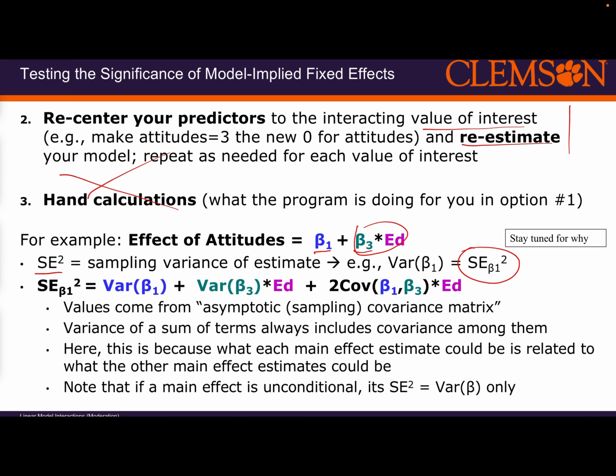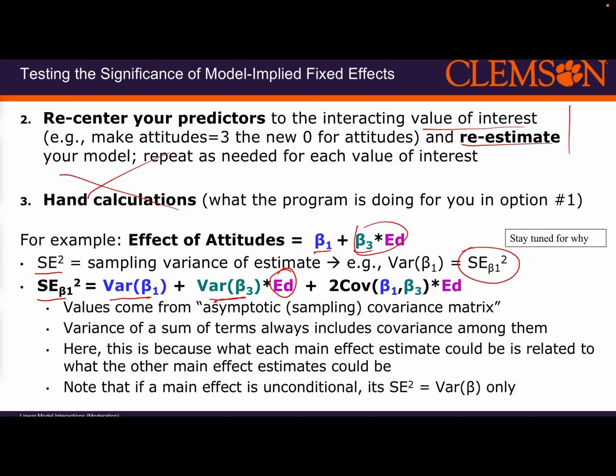Here, the new standard error is as follows. The new variance, or standard error squared, comes from the variance of beta 1, plus the variance of beta 3 times the value of that education variable you want to condition at.